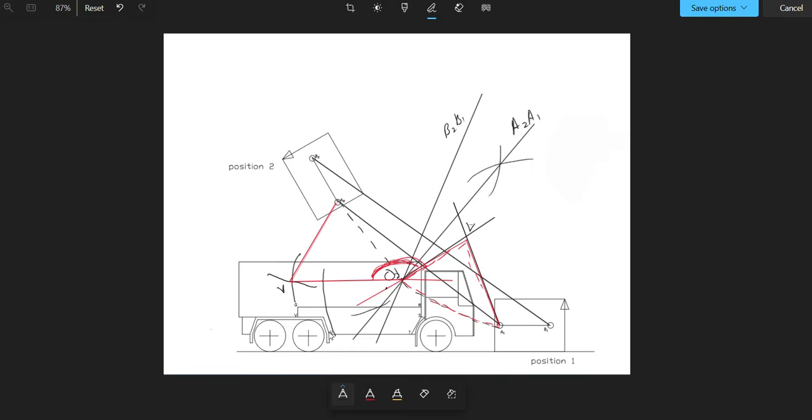So after getting that arc, the question continues to say that the maximum length of the hydraulic actuator is 1.58 times AB. So you measure the length AB and then you multiply it by 1.58, and then you stand at this point.